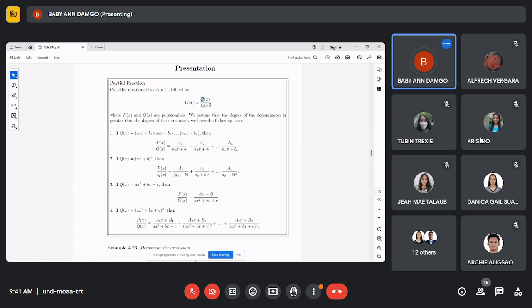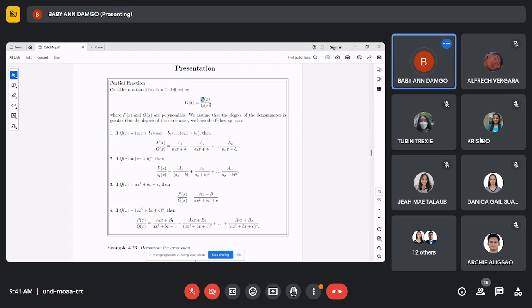Okay, so what if, for case 2, we have a binomial with a degree n. Okay, so the technique here, example, we have 1 over x plus 1 squared. So this can be written as a over x plus 1 plus b over x plus 1 squared.